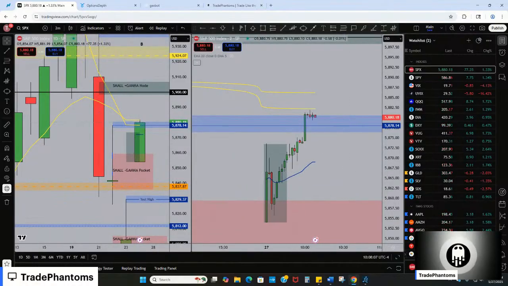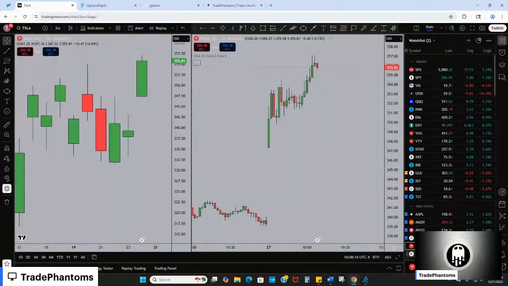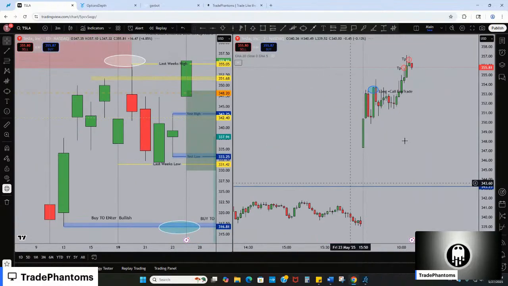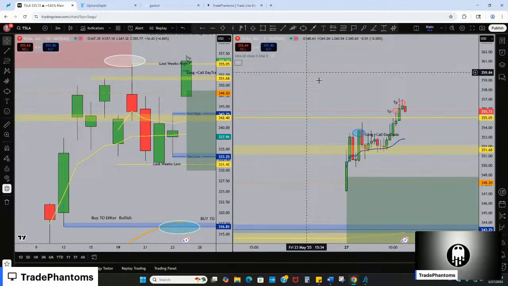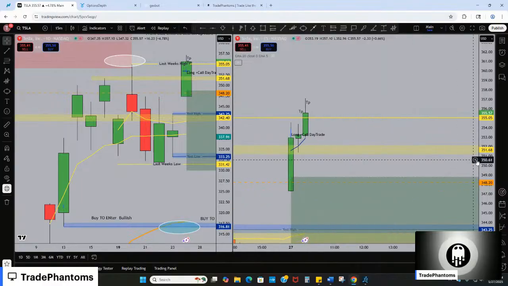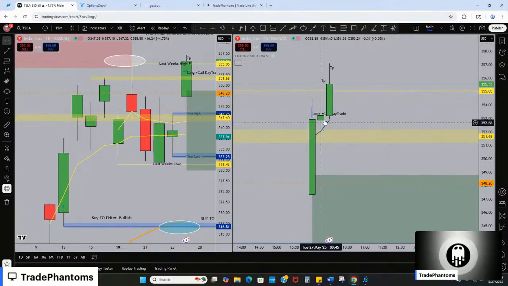Oh, somebody wanted me to check something. Jason Rodriguez: does Tesla have a 1, 2, 3 go on 15-minute? Let me enter that now. Yeah, kind of. Usually you have a small red body here, but you have a wide range bar. You want the first bar to be a nice belt hold, wide range bar, closed green in this particular case.